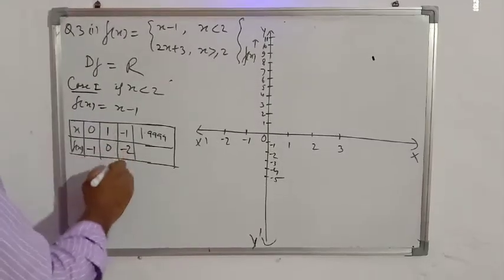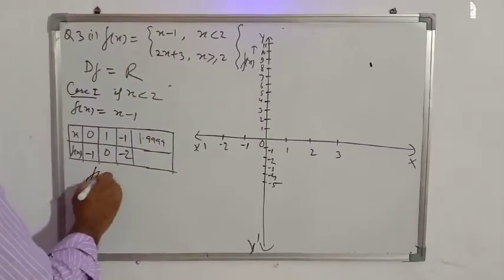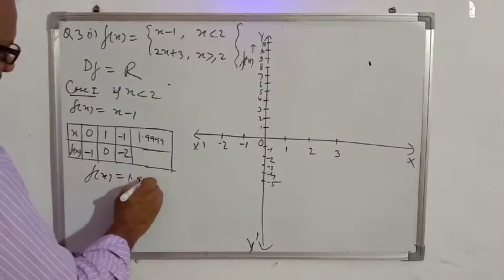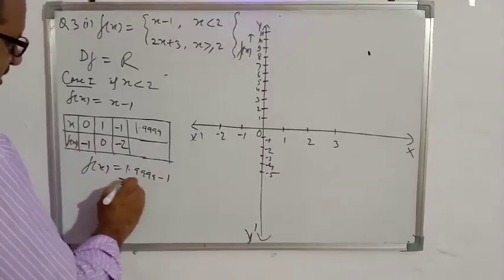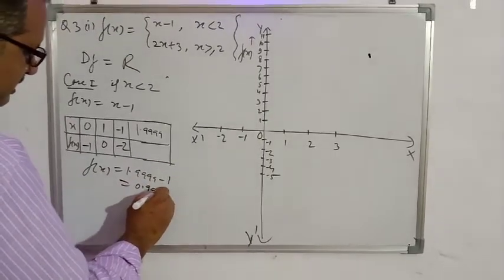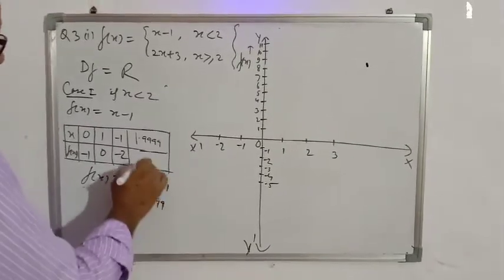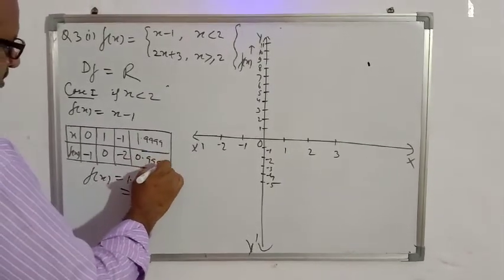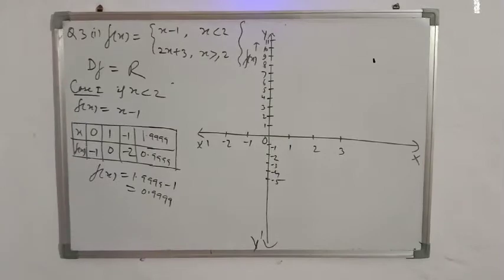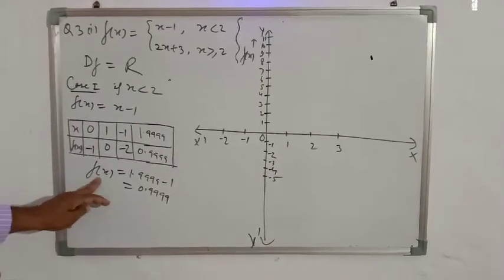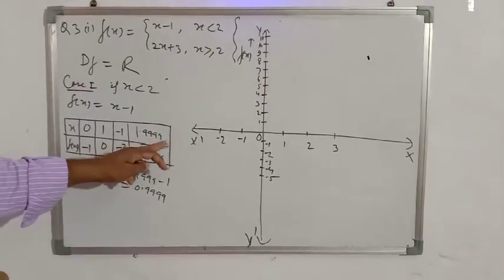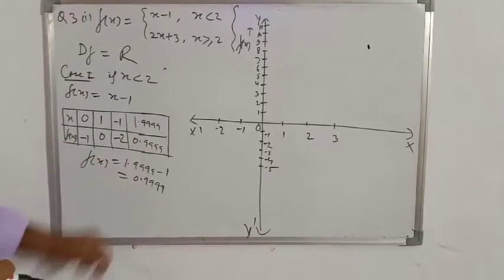So what will be the value of f(x)? The value of f(x) will be 1.999 minus 1, means 0.999, almost equal to 1.